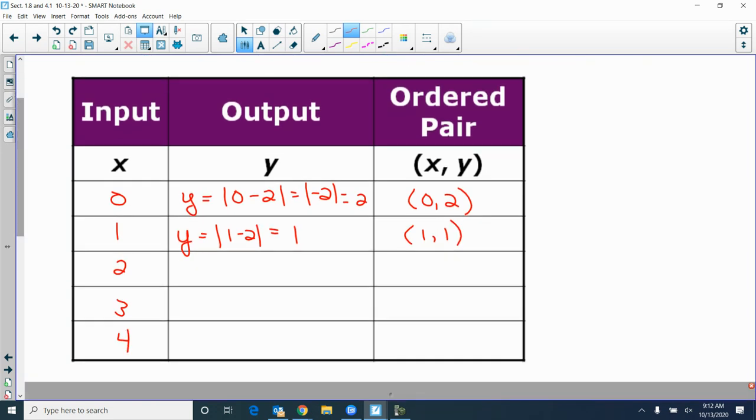If I plug in 2, what's 2 minus 2? 0, and the absolute value of 0 is still 0. So that is 2, 0.